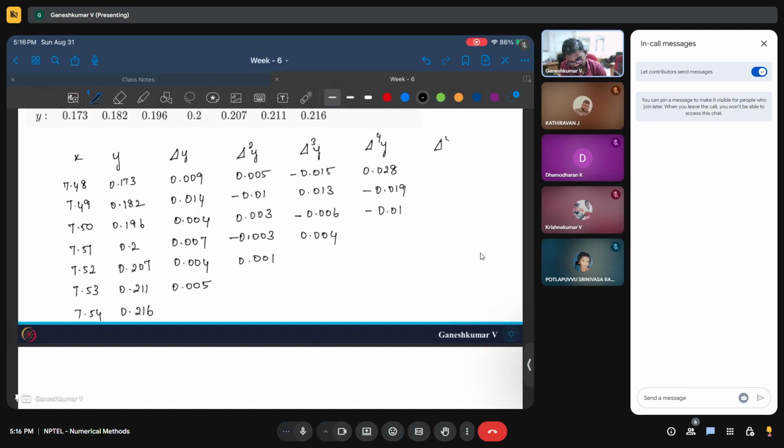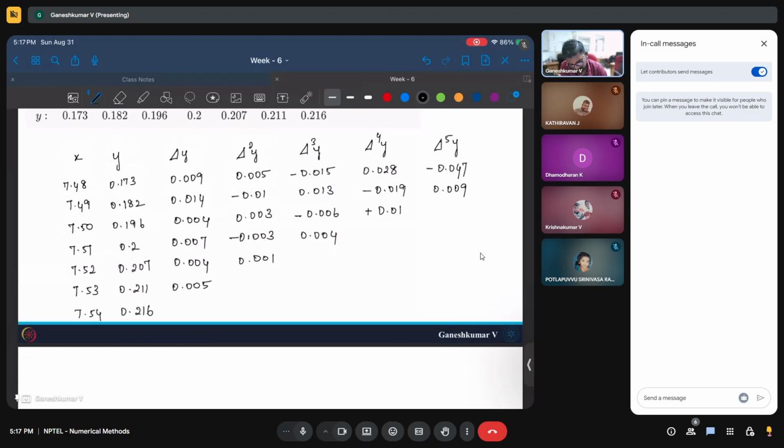Then del 5y. This minus this is going to be more negative, 0.047. This minus this, it's going to be positive 0.009. This is positive.